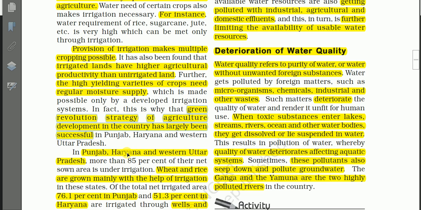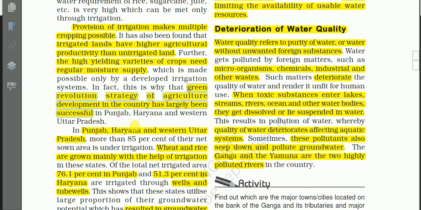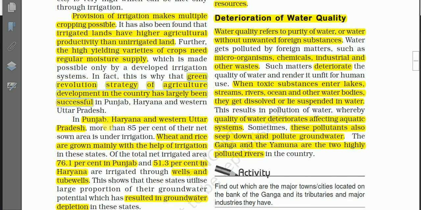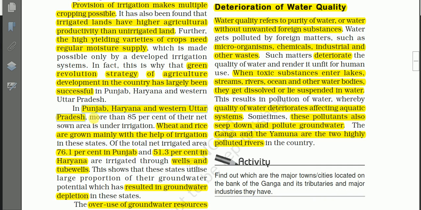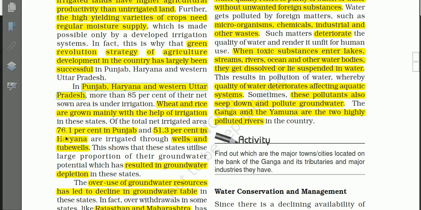Remember, we are discussing why irrigation is needed in India. So in Punjab, Haryana, and western Uttar Pradesh, more than 85% of their net sown area is under irrigation.